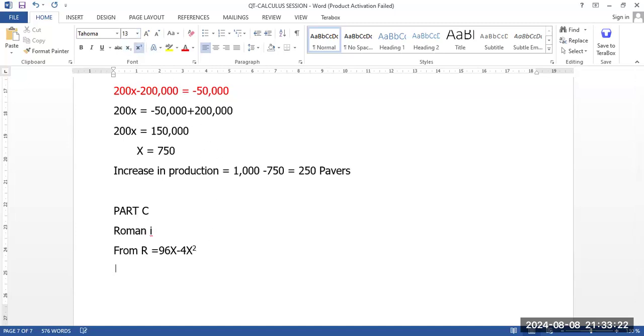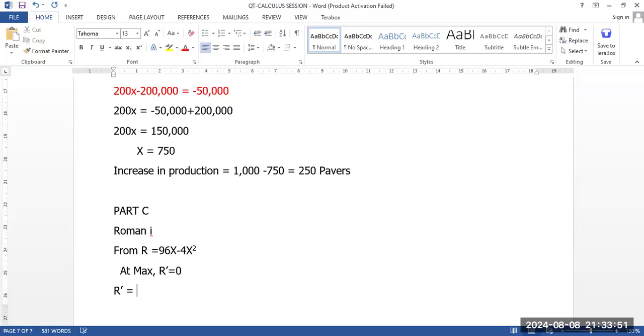If we differentiate for the first time, recall that at maximum or minimum, the first derivative should be equal to 0. But what is your first derivative?